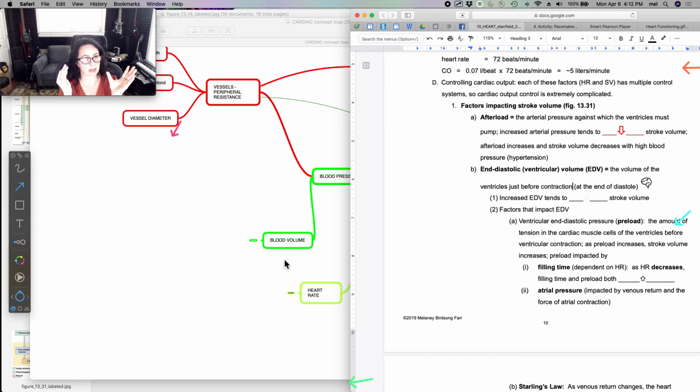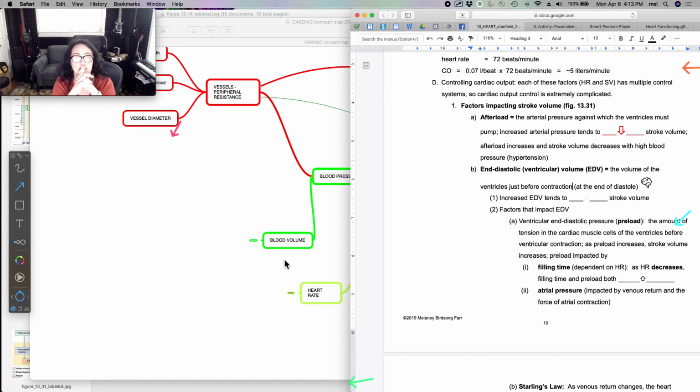At the beginning of diastole, when it's relaxed, is when the blood is just starting to fill into the ventricles. But at the end of diastole, right before systole, is when the ventricles should be fullest.